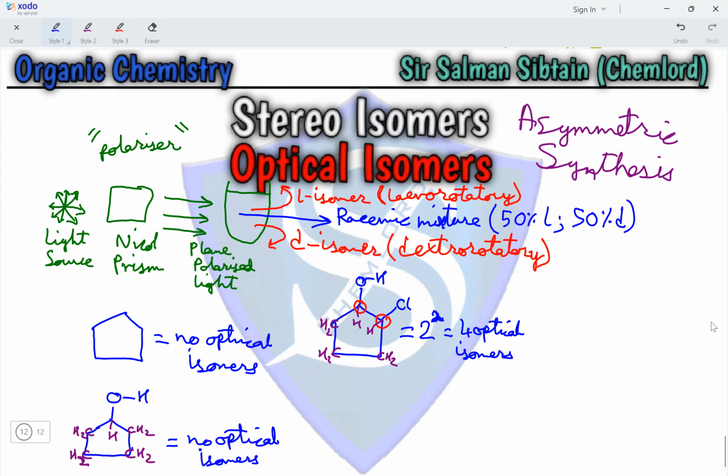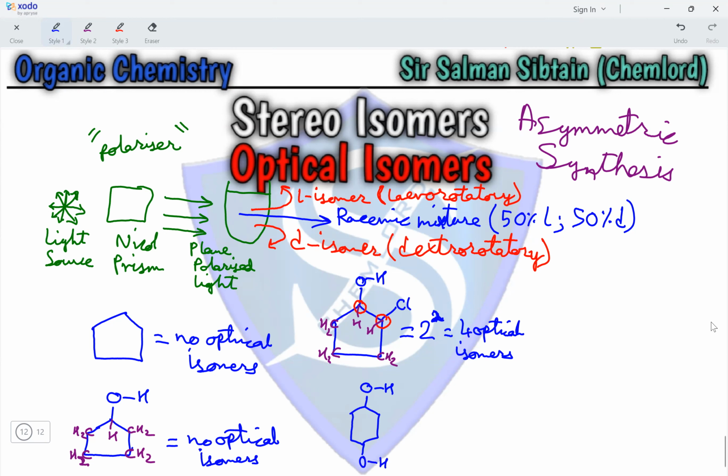isomers. If we take another compound in which we place the OH group on 2 sides of a hexagon.